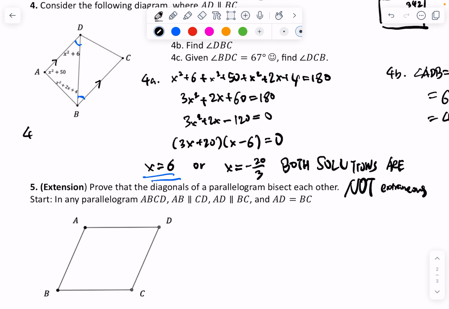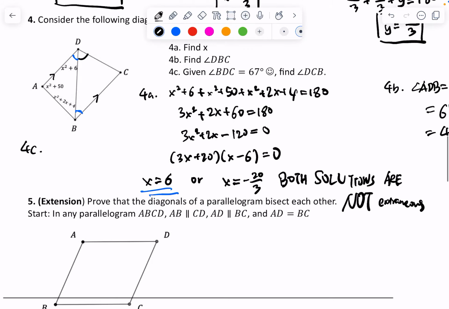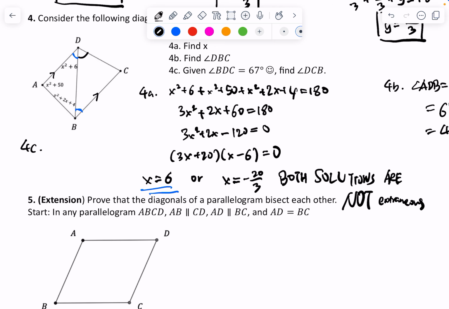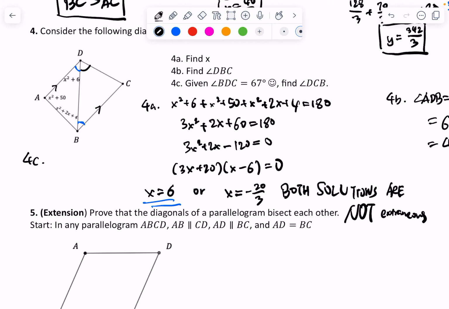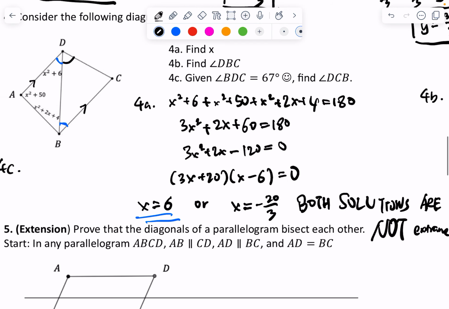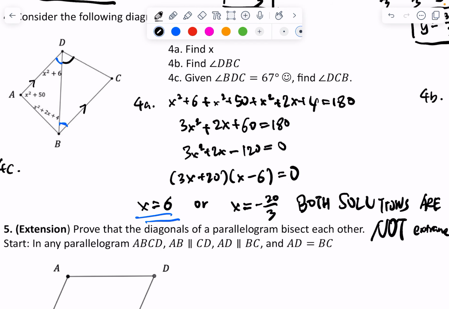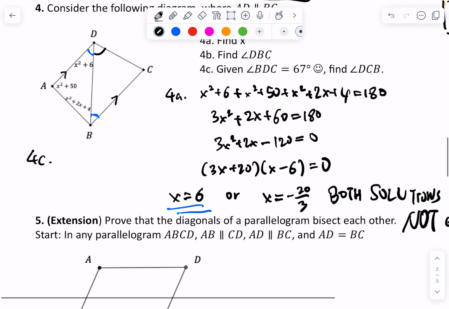And the last one. We are given that angle BDC is 67. Yeah, I chose that on purpose. If you like math, you put some funny numbers in there and it all gets good. So if we're given this is 67, we want to find DCB.